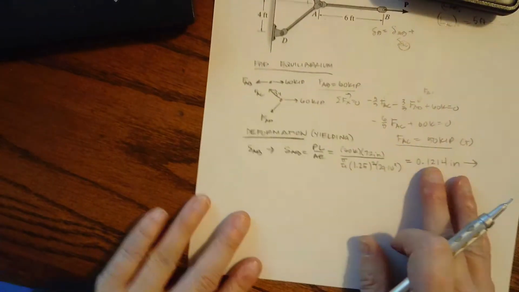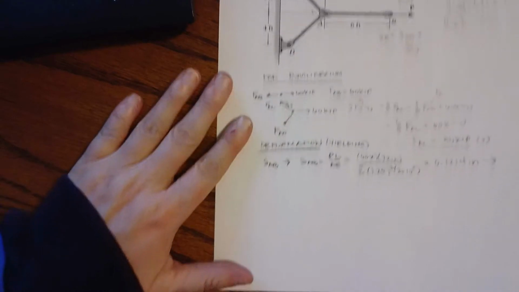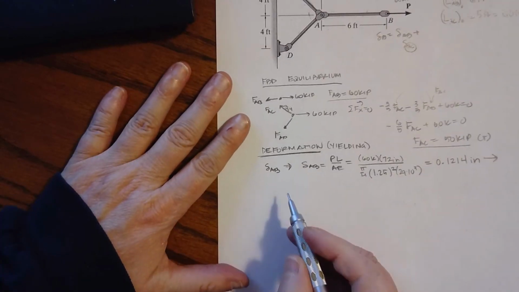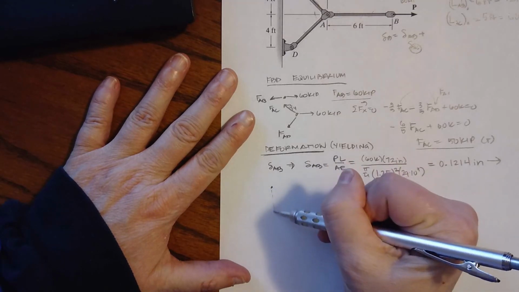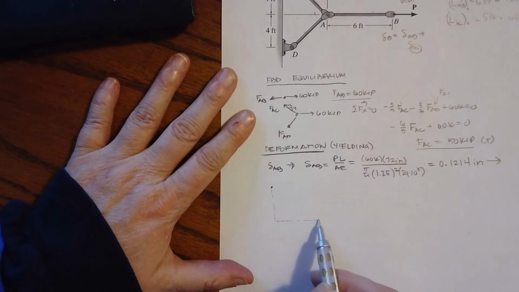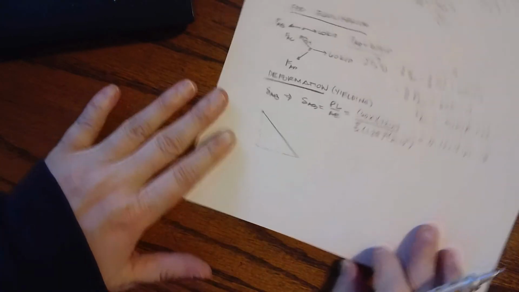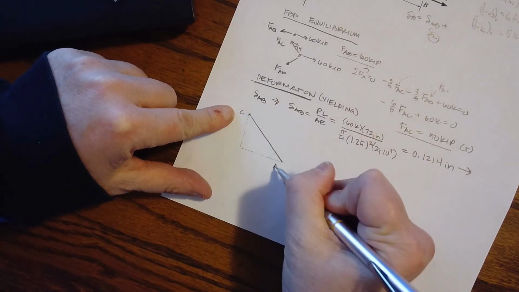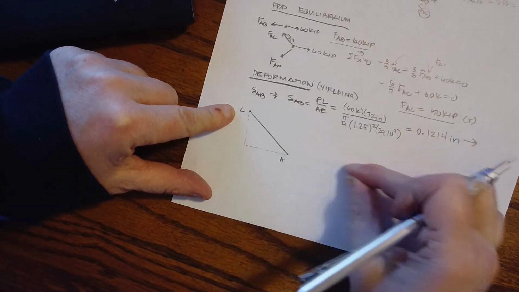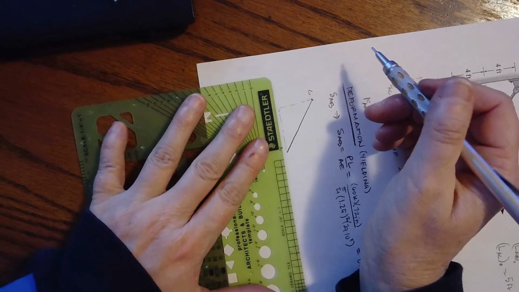Okay, so now we need to talk about what's happening up here. So here is C, and then we come down and go over, and here is our original C to A. And as we pull this, because it's symmetric, we are going to end up stretching along this same line.